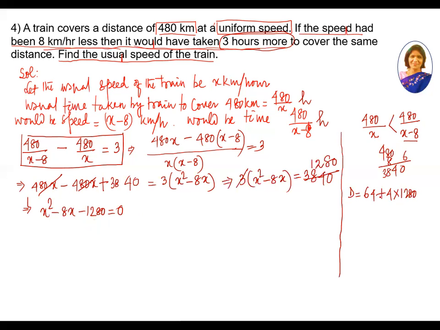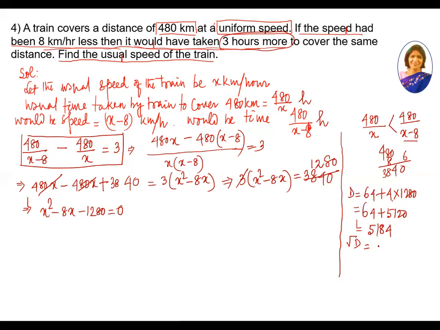It is negative, so it will be positive. So how much will I get? 64 plus 5120 gives me 5184.